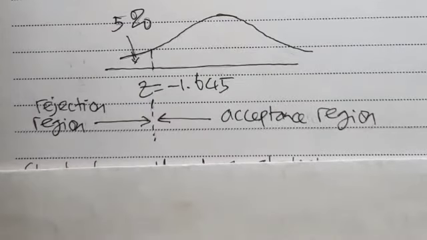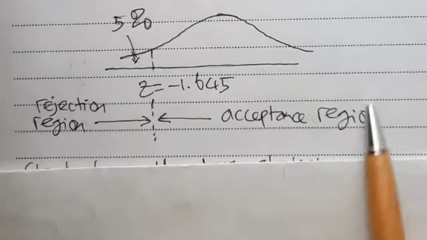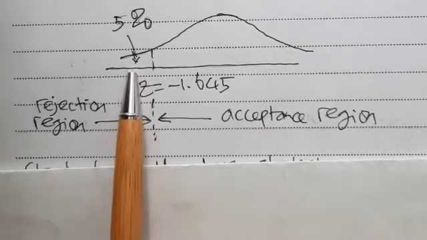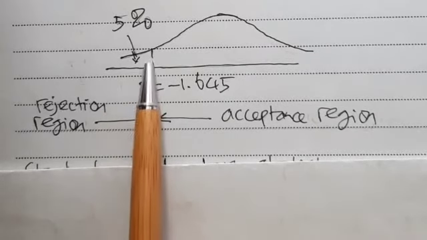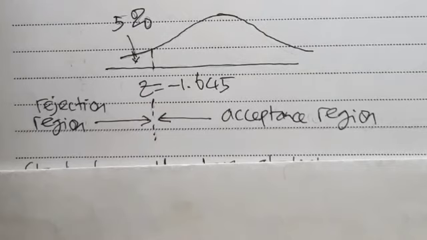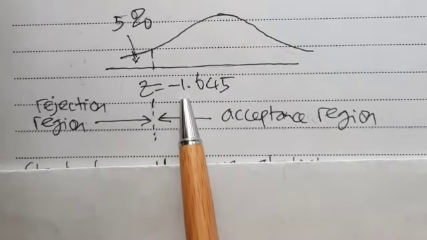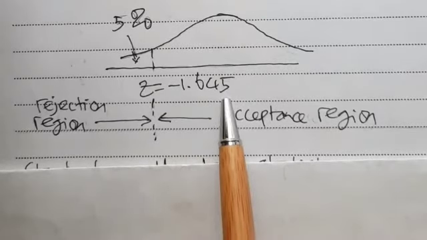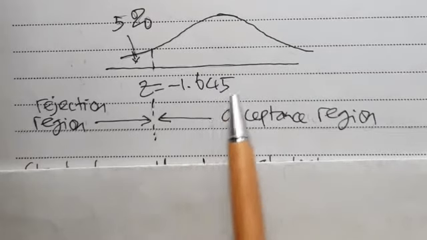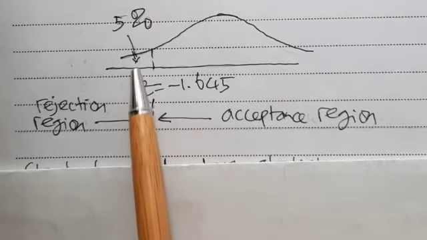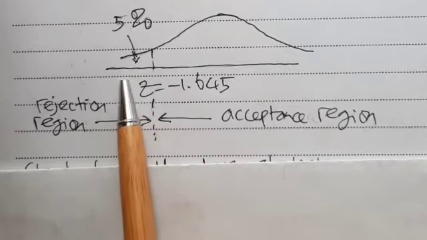Again we illustrate on the normal distribution curve. The significance level 5% is here, and we can find the critical value of z, that is minus 1.645, from the table for the significance level 5%.